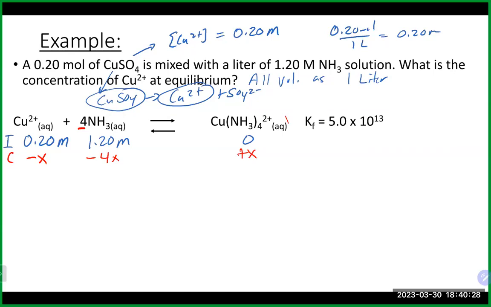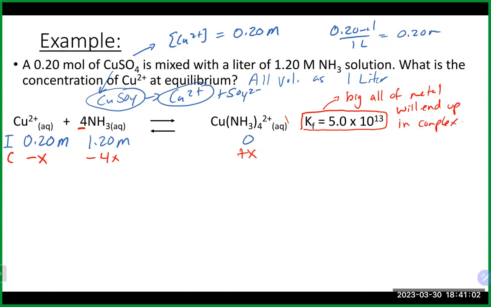So when we work these types of problems that involve complex ions, we look at the K value here, and ask whether this K value is a small value or a large value. This value is a large value, a pretty large value, to the 13th. Which means we make certain assumptions in these types of problems, and the assumption that we usually make is, because this is so big, all of the metal will end up in the complex ion.